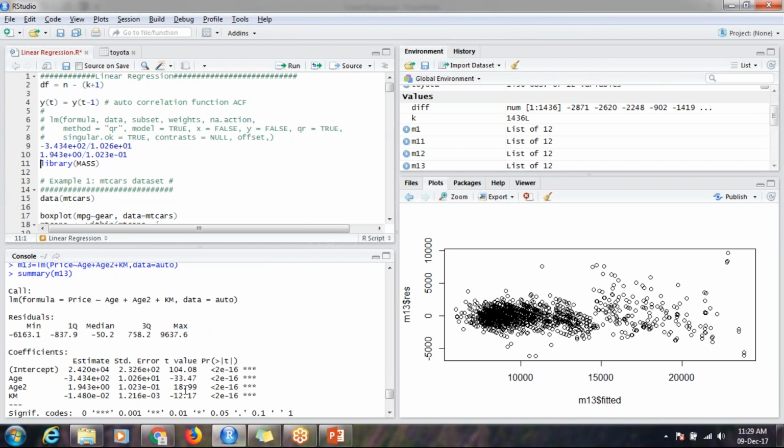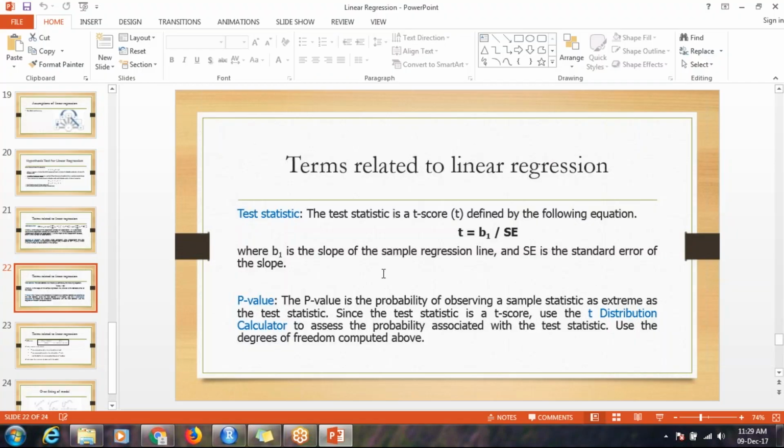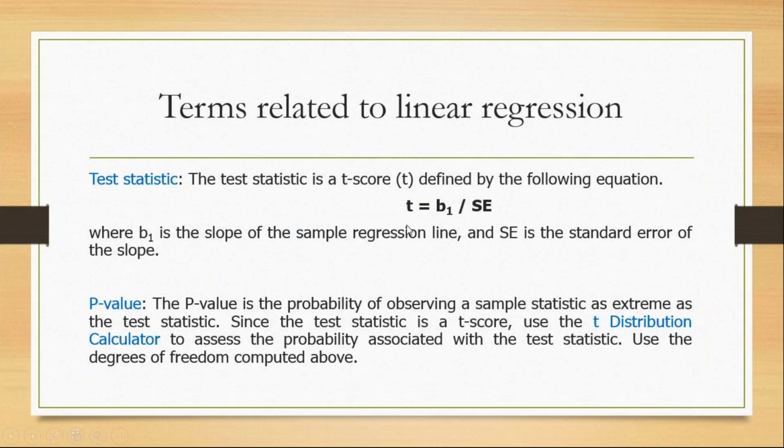So this is how this t value is calculated, and after that I have a corresponding p value, using which I can check whether it has any significance or not.